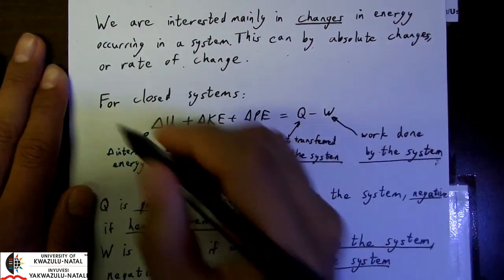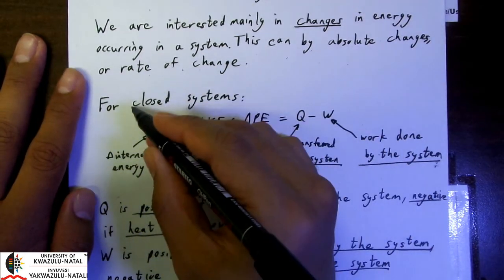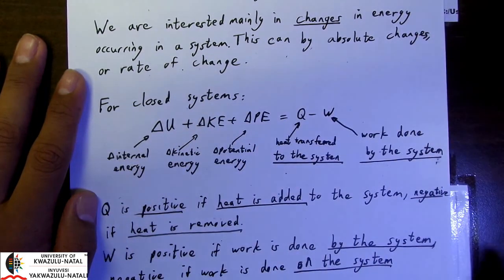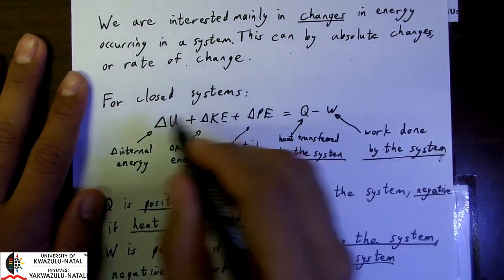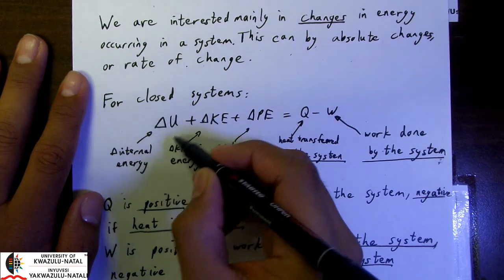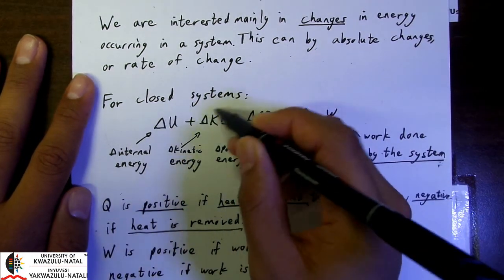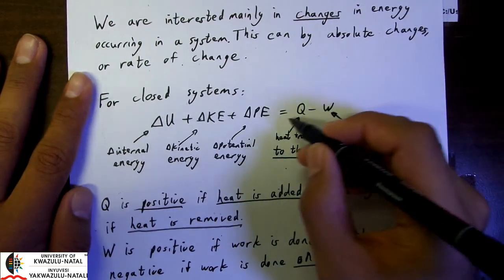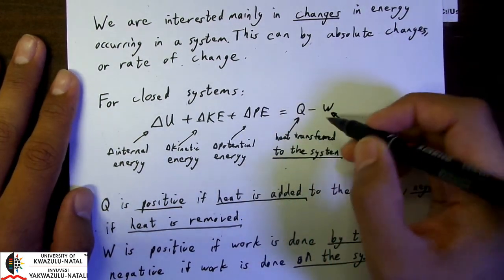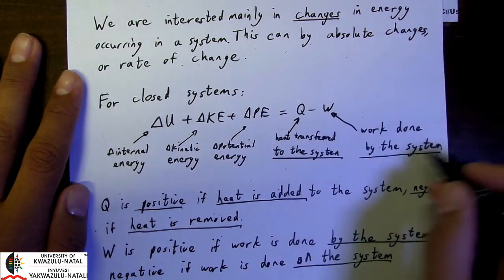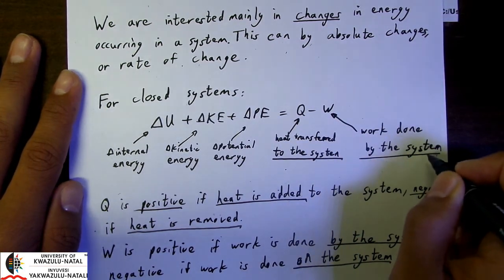So for closed systems, and remember, closed systems have no mass coming into or out of the system, we have the following energy balance: the changes in internal energy plus the changes in kinetic energy plus the changes in potential energy is equal to the heat transferred to the system minus the work done by the system.